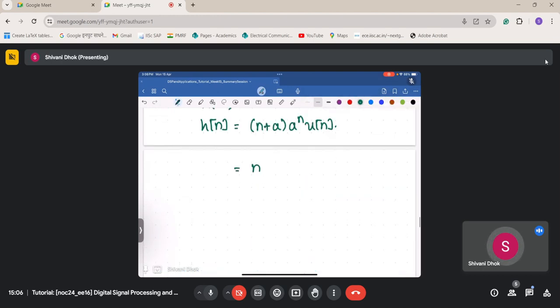This you can write as n into a to the power n u of n plus a into a to the power n u of n. A to the power n u of n will have a Fourier transform of 1 upon 1 minus a into e power minus j omega.